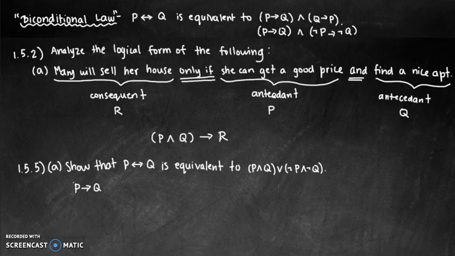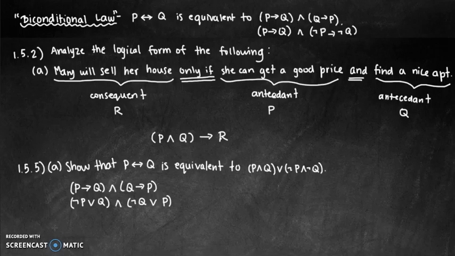If P, then Q, and if Q, then P. I'm going to break this down using the conditional laws. So we have not P or Q and not Q or P.